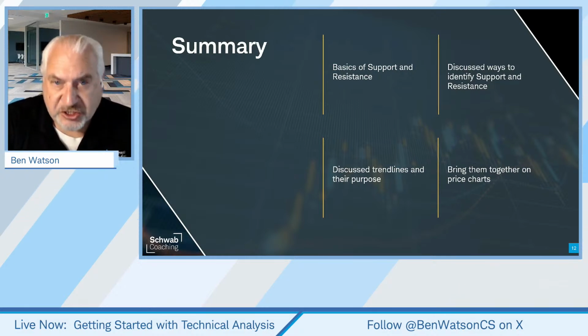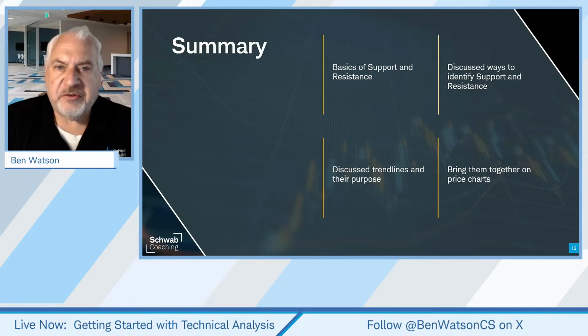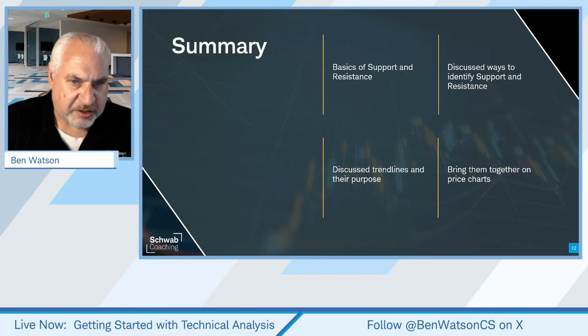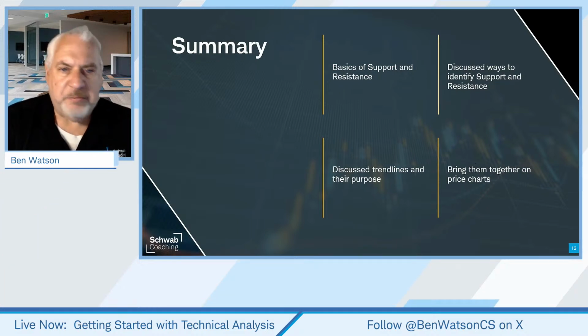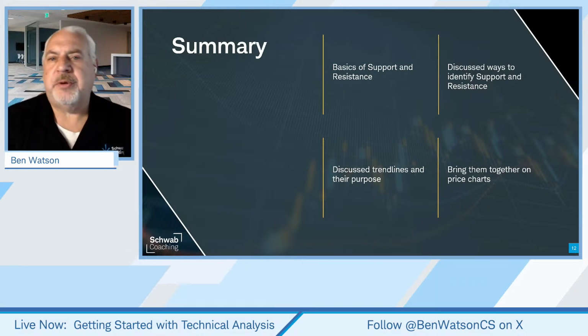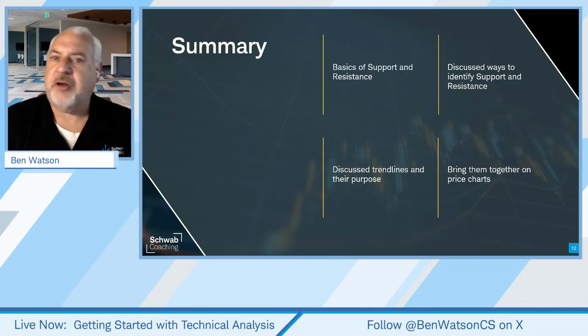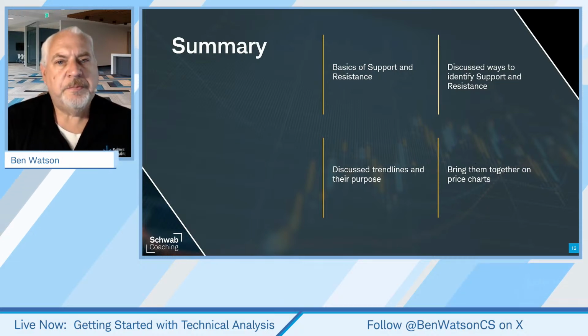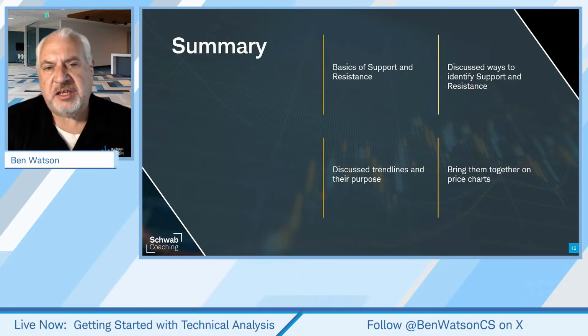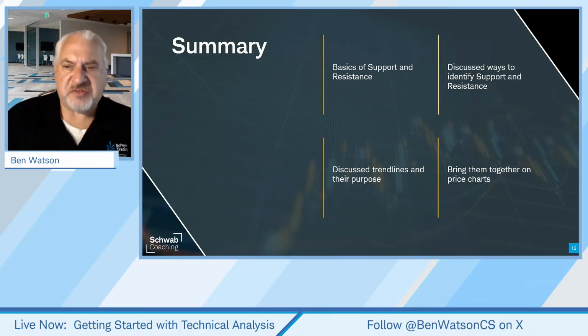Price action determines levels of support and resistance, not a technical indicator, not a momentum study, not VWAP, not some kind of third-party data provider, not Fibonacci's, not pivot points. What you see happening with price is the easiest, best, and primary way to identify levels of support and resistance.